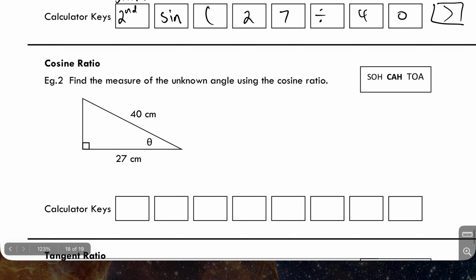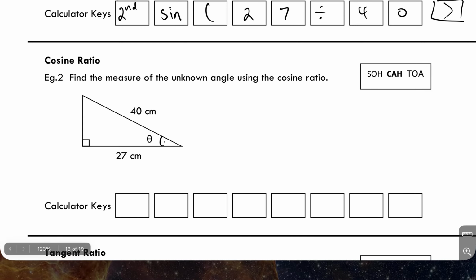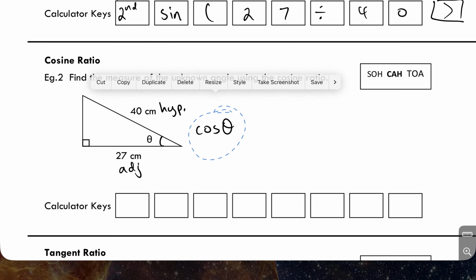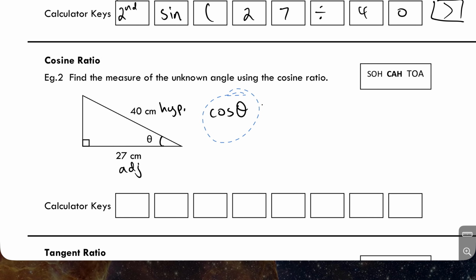You can apply the same idea for the cosine ratio. Here's the reference angle theta, 27 is my adjacent side, 40 is the hypotenuse. So that's the cosine ratio, always start off with cosine. So cosine theta, you always have to put theta, that's your angle, equals the ratio, the fraction is 27 over 40. And if I want theta, I have to take the inverse cosine.